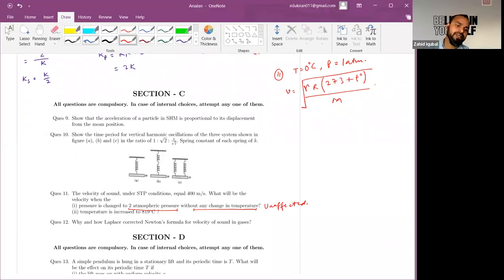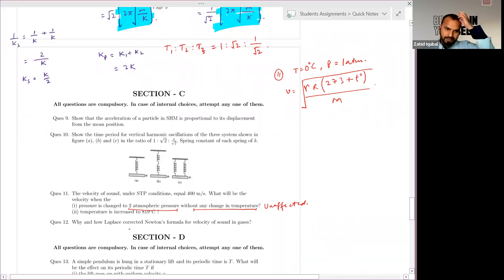In the second part, we have to calculate velocity if temperature is increased to 819 degrees Celsius. So first, at 0 degrees Celsius, root under gamma R divided by M times (273 plus 0) is equal to 400 meter per second.